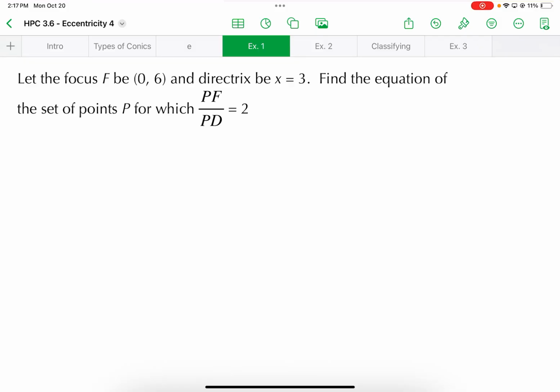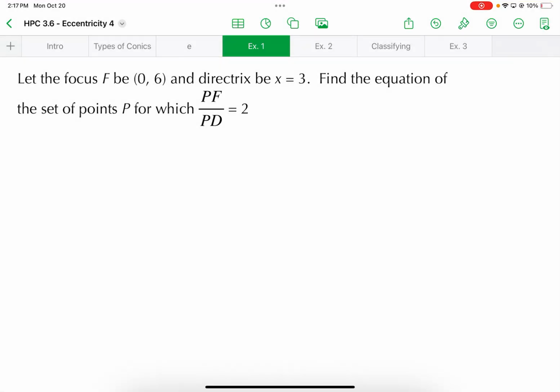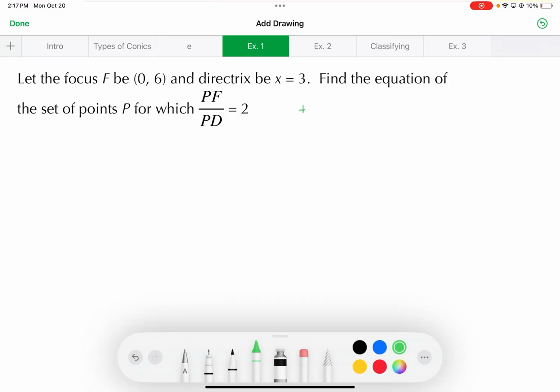So they're giving me the ratio of these distances. So that number E is your eccentricity here. I'm going to say that we're working with a hyperbola because E equals 2, and that is greater than 1.